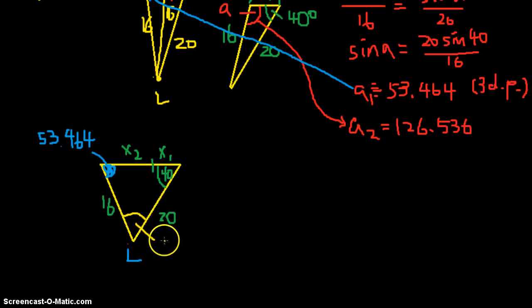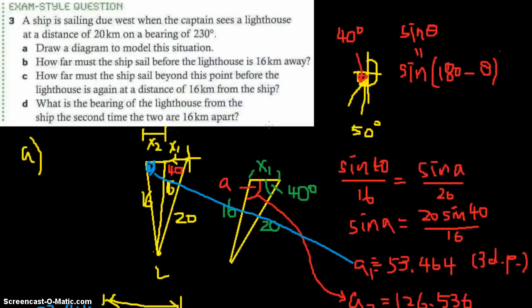Let me just put that in your calculator. And that is 86.536 degrees. Okay, and then we can now apply sine rule. However, when I apply sine rule, I will be finding this length, not x2. The question for part C is asking how far must the ship sail beyond this point, meaning at this point.